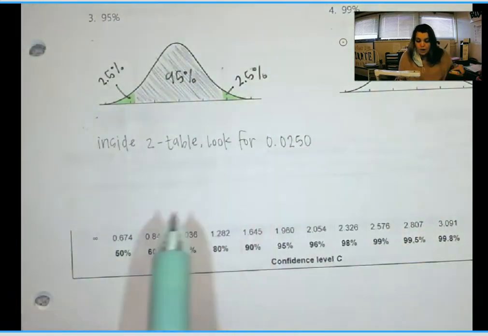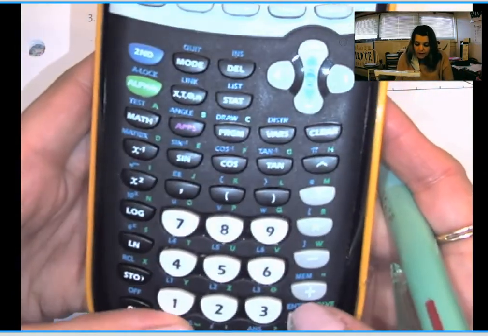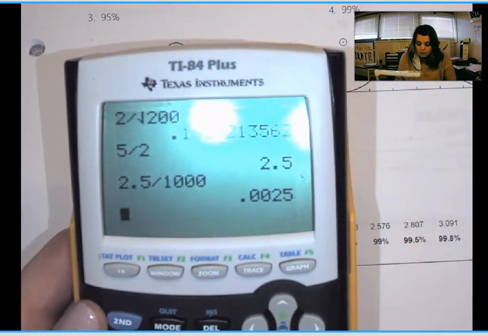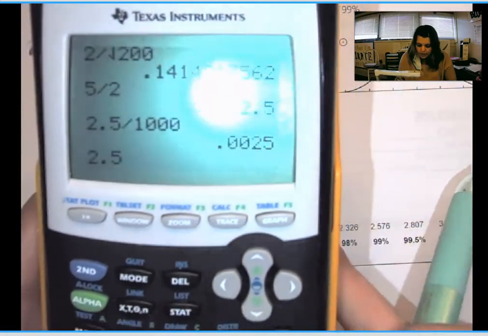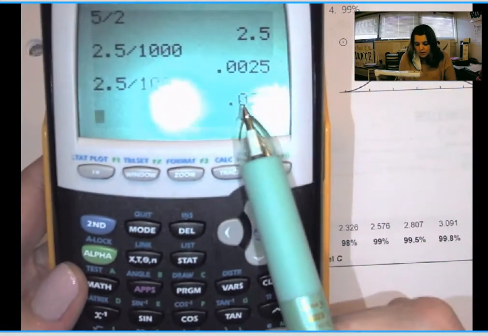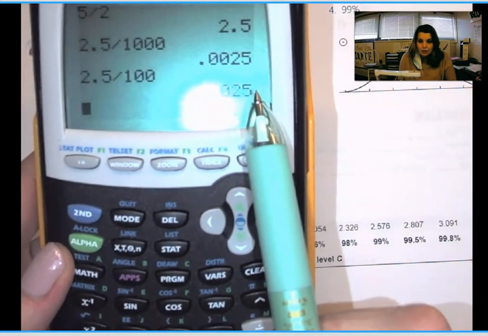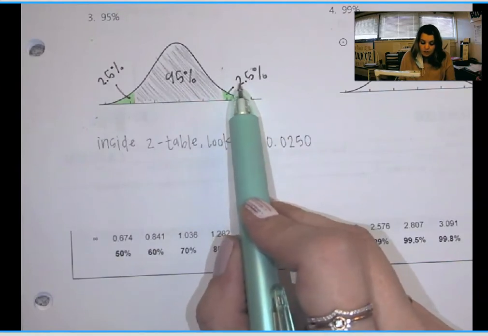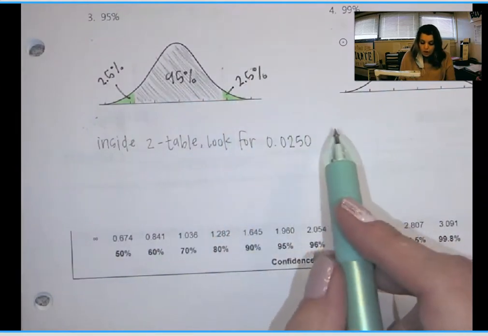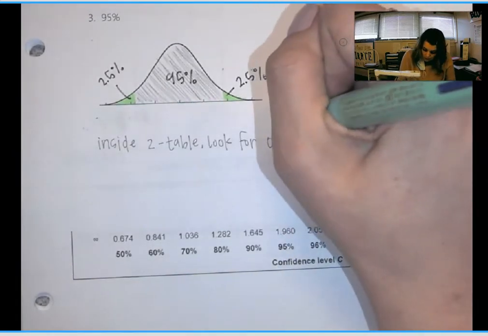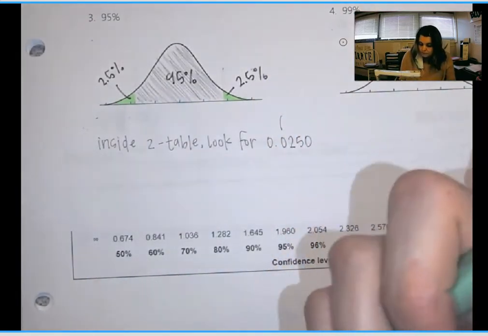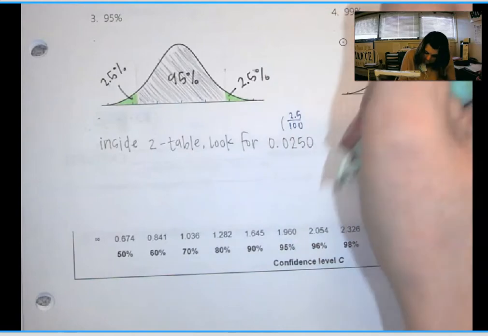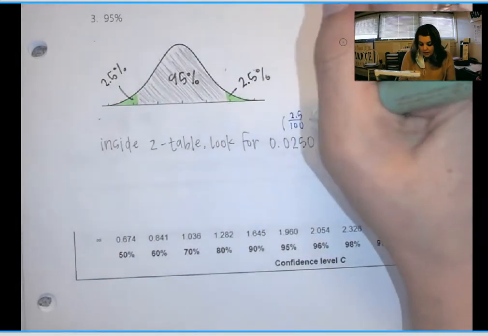If you need to know how I got that, I did 2.5 divided by 100. Sorry, I said 1,000 but I meant 100. And then I have to add a 0 on the end. Because remember, this is a percent. So to change it to a decimal, I need to do 2.5 divided by 100, and then I just added the 0 on the end.